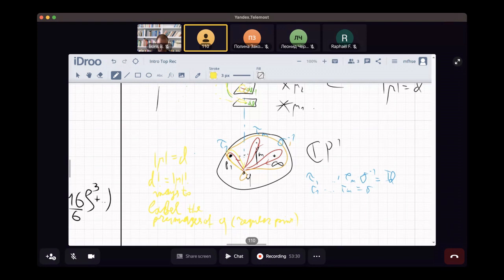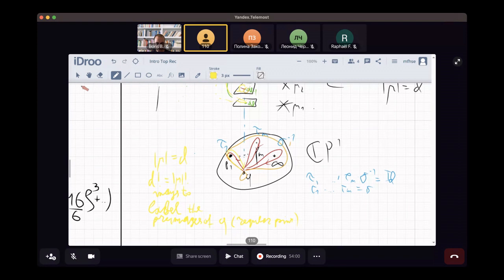So to an equivalence class of coverings, by choosing different labelings, we associate many collections. That's precisely what we obtain as a result of our whole discussion.